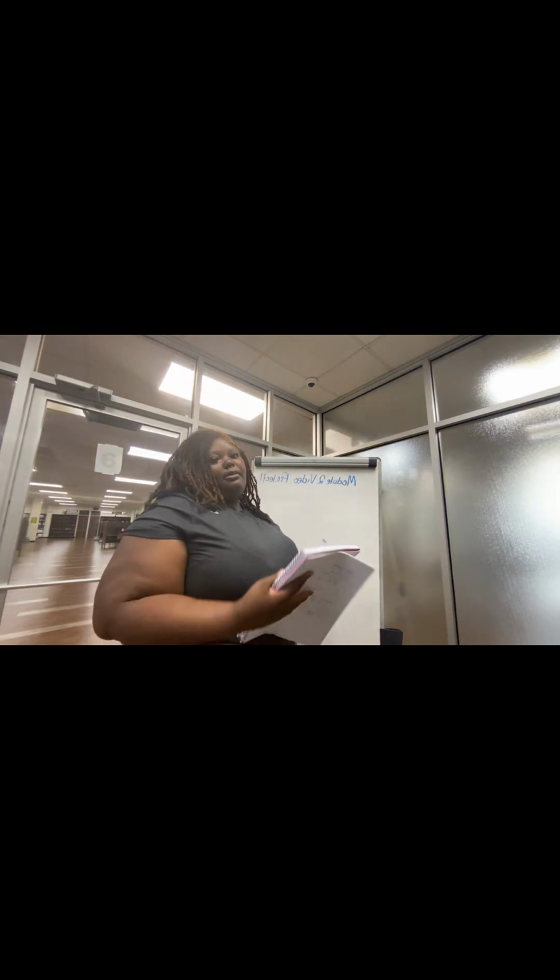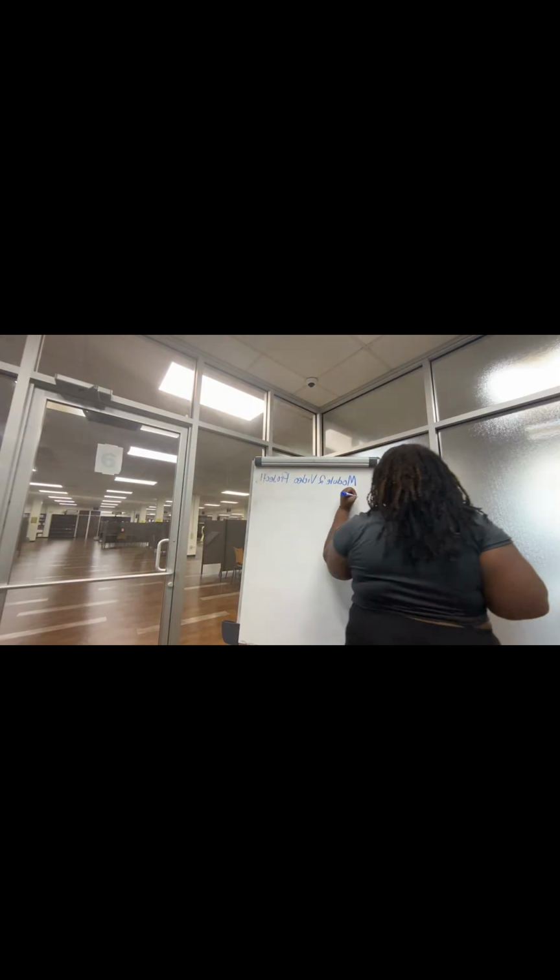Hello, good evening. My name is Timari, and this is my part of the Module 2 video project. Okay, so to begin, I will start by explaining electromagnetic radiation. So, this is electromagnetic. I'm gonna write it for y'all.